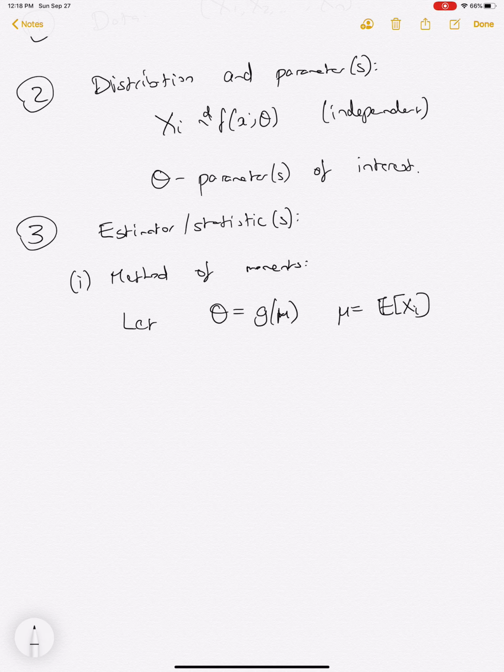If you plug in mu to be the expectation, you can write theta as a function of mu, and then the method of moments estimate was simply plugging in the sample mean.